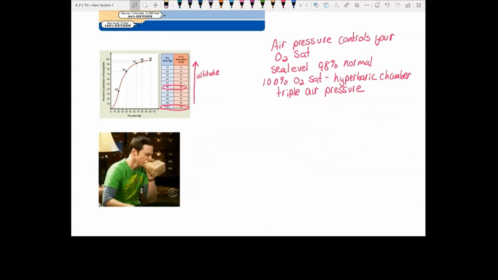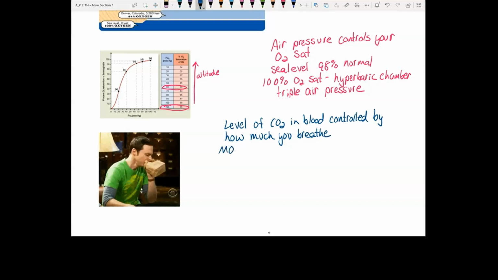Then if we think about carbon dioxide, the level of carbon dioxide is controlled by how much you breathe. So this is what we were talking about before with your medulla oblongata controls your breathing rate and depth.